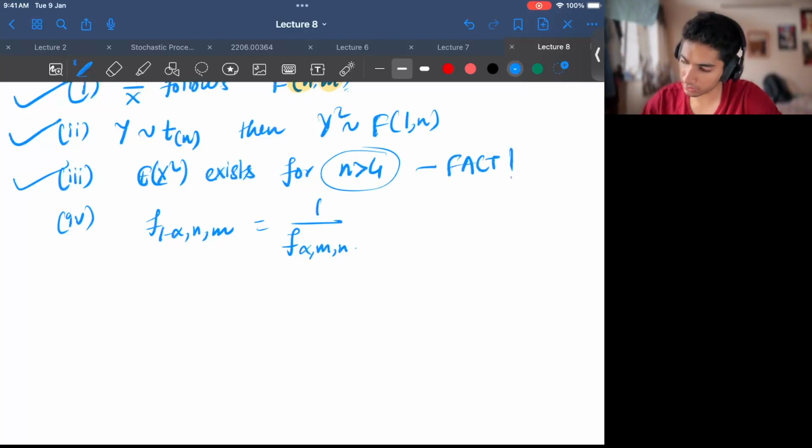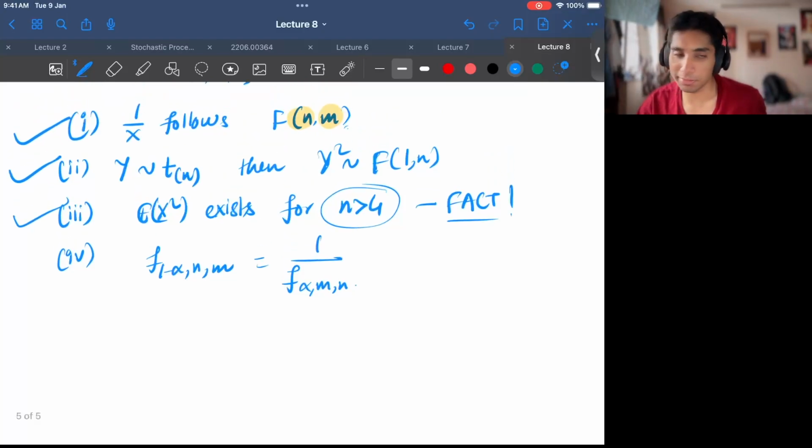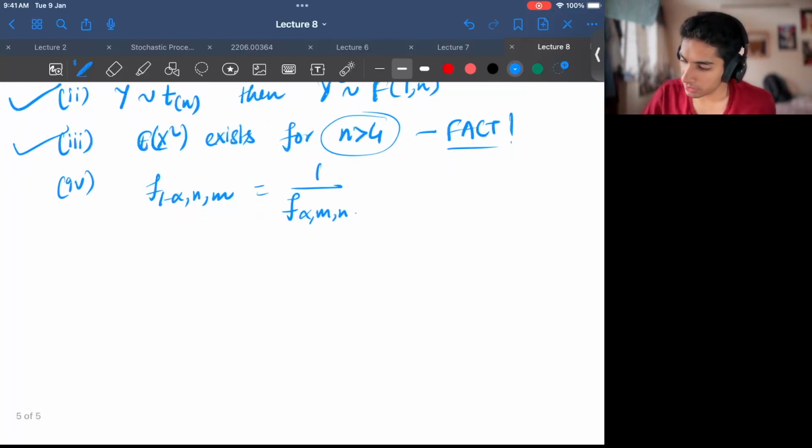Just remember it: for the F distribution, the even moments, meaning x square, x raised to 4, x raised to 6, only exist if the first parameter n is greater than 4. Otherwise, they don't exist. For the fourth statement, you will have to do some solving.